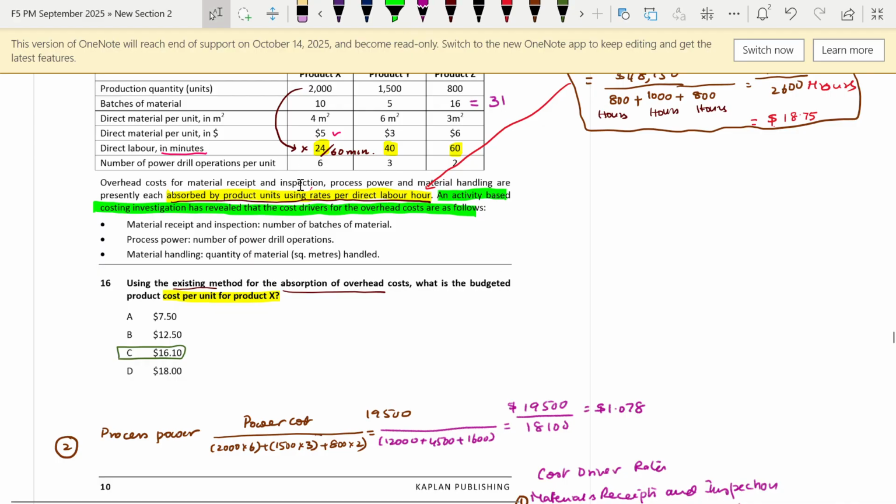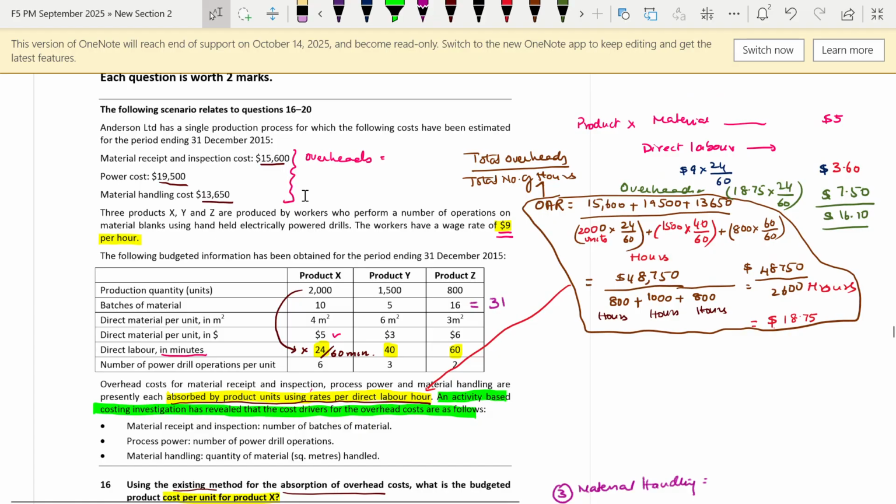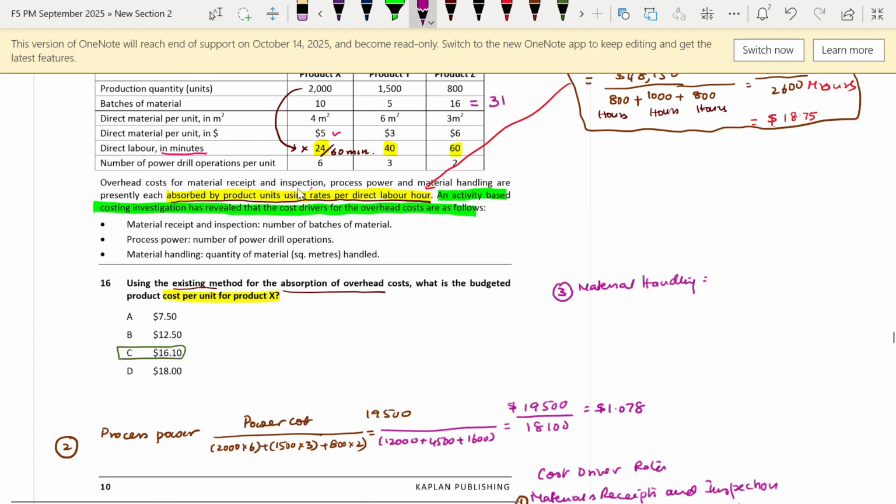Now, point number 3. Here only I will write. So that we should have material handling. How much is the material handling? What is the cost? 13,650. 13,650 divided by the quantity of material, square meters. How much is the square meters?